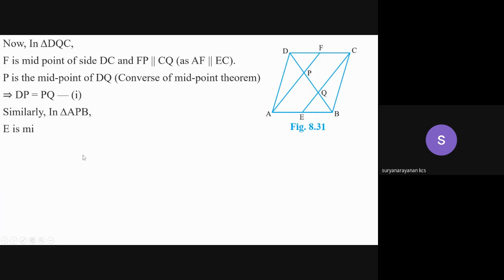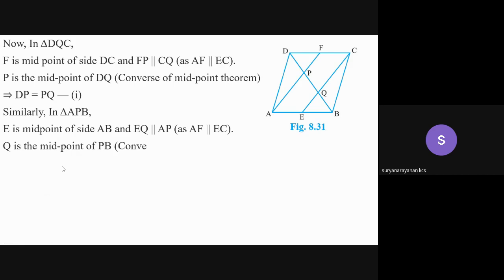Okay, my children, here E is the midpoint of side AB, and EQ is parallel to AP, as AF is parallel to EC. So here also we use the converse of the midpoint theorem. Q is the midpoint of PB, because by using the converse of the midpoint theorem we can write this statement.